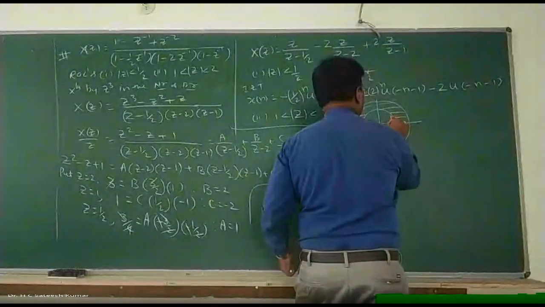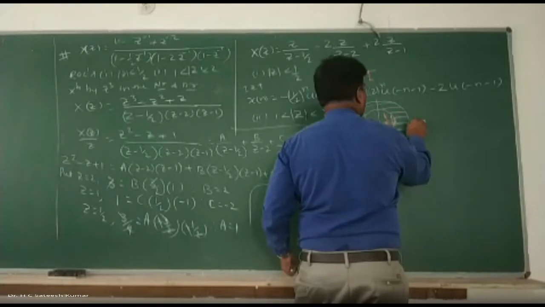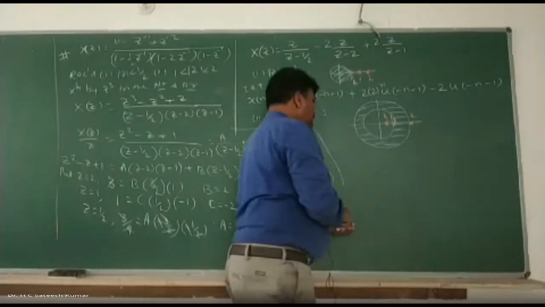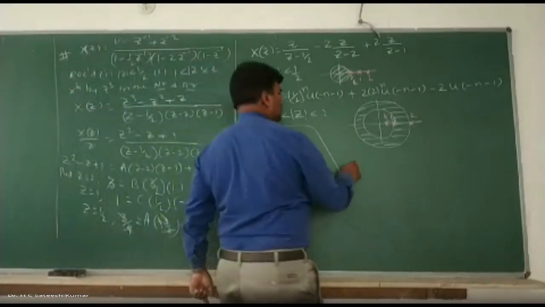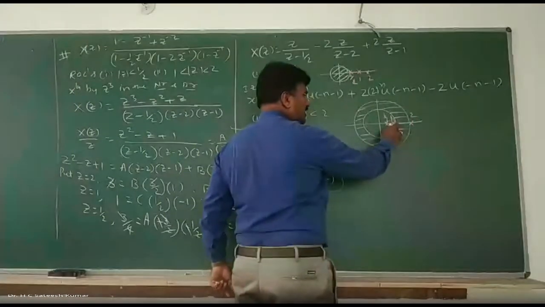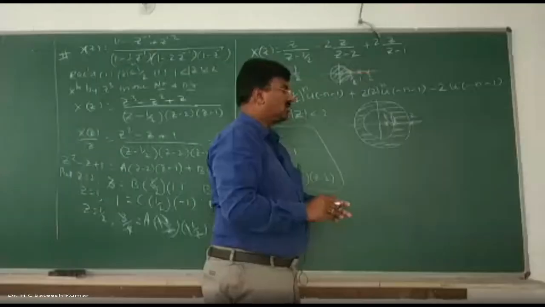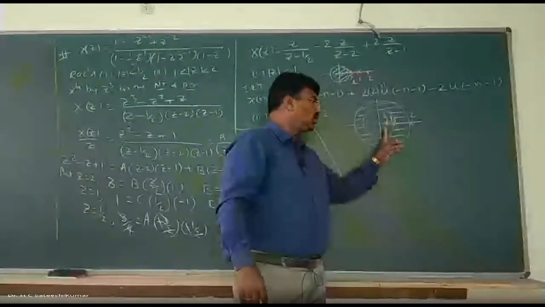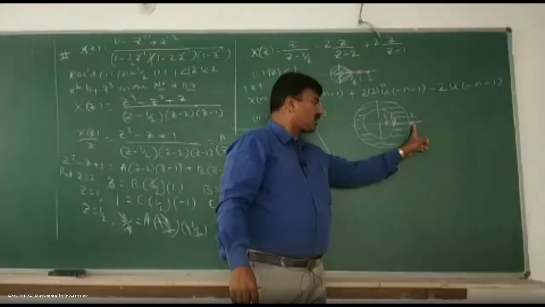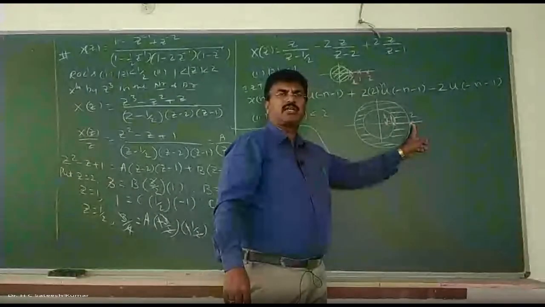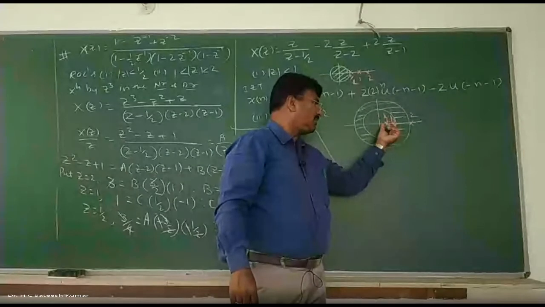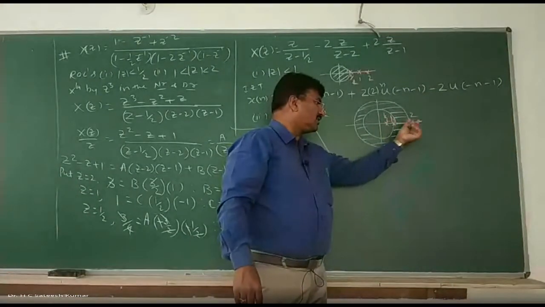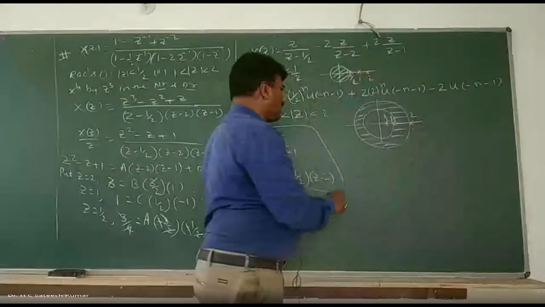One pole is at 1, one pole is at half, one pole is at 2. Therefore, what is that you can write it? X of n is equal to. So these two are the terms corresponding to the poles whose pole radius is less than the ROC leads to right-handed sequence. The terms corresponding to the poles whose pole radius is greater than the ROC leads to left-handed sequence. Therefore, these two, half and 1, will be having the right-handed sequence. So this will be left-handed sequence. Therefore, what is that you can write it?